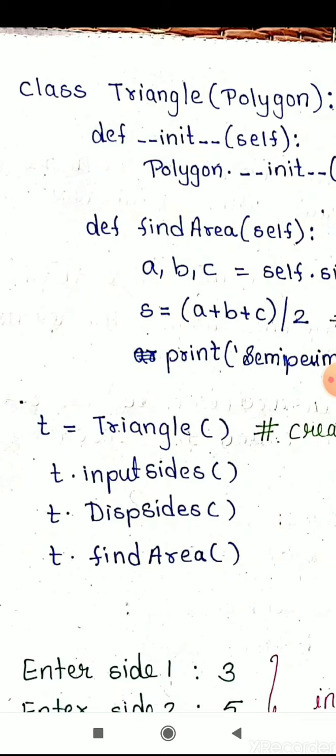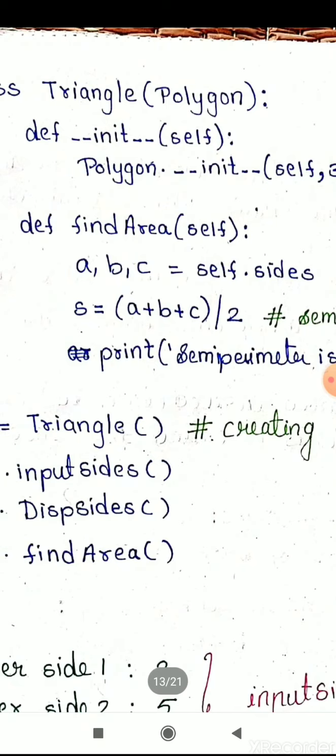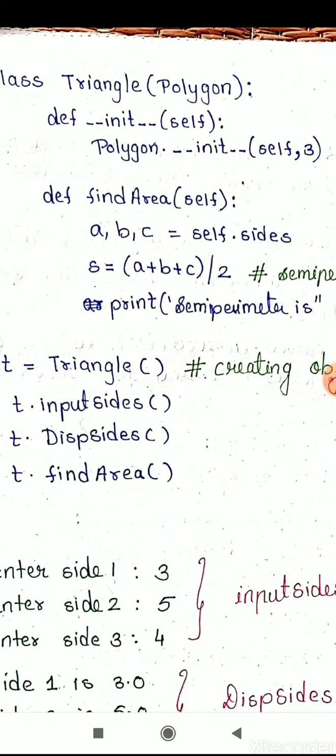After that I have written the init method of the triangle class. But as we know, we have the init method of the base class also, so directly we cannot access that init method of the base class. For that purpose, in this new class init method we are explicitly calling the init method of the old class. So polygon, which is a base class, a parent class, its name dot init, so we are calling that along with the parameters.